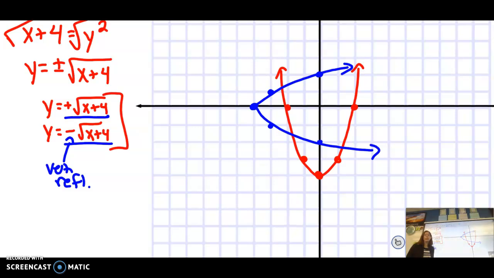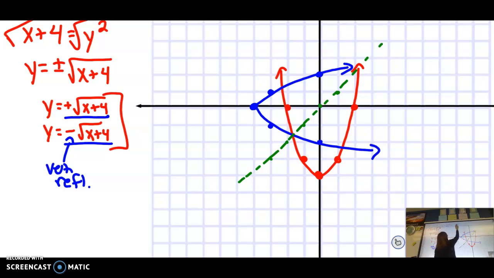So the blue is the inverse of the red. And notice the red is a function, but because it doesn't pass the horizontal line test, the blue is not a function. It does not pass the vertical line test. And remember that this is a reflection across the line y equals x, which is this line right here.